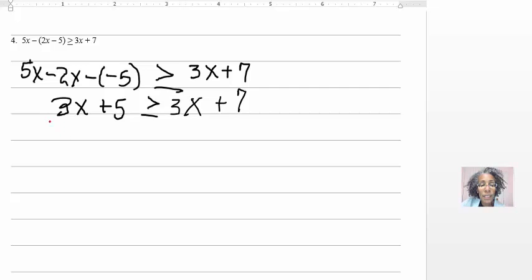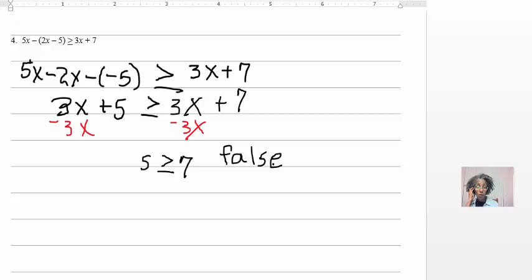Now let's subtract 3x from both sides. And we see we get 5 is greater than or equal to 7. And that's a false statement. 5 is not greater than 7, nor is 5 equal to 7. So when the variable drops out and a false inequality results, there are no solutions. This will never be true.